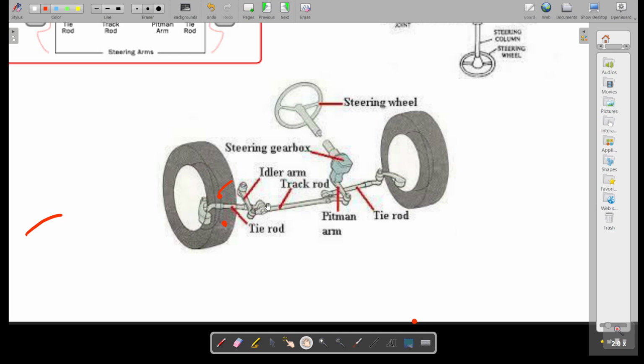At the end of the tie rod we have the steering knuckle, which is attached to the stub axle. So this system starts with the steering wheel.